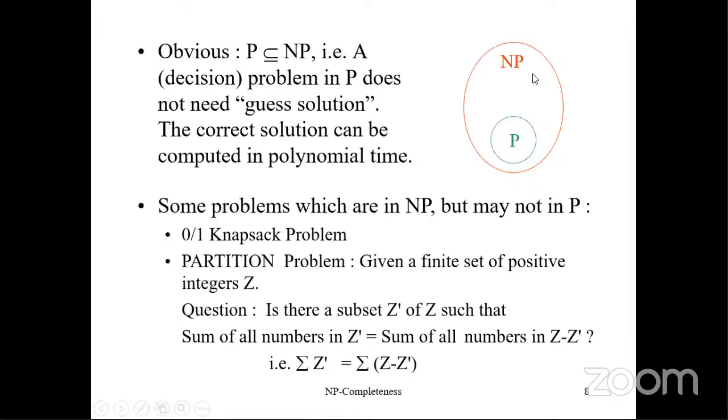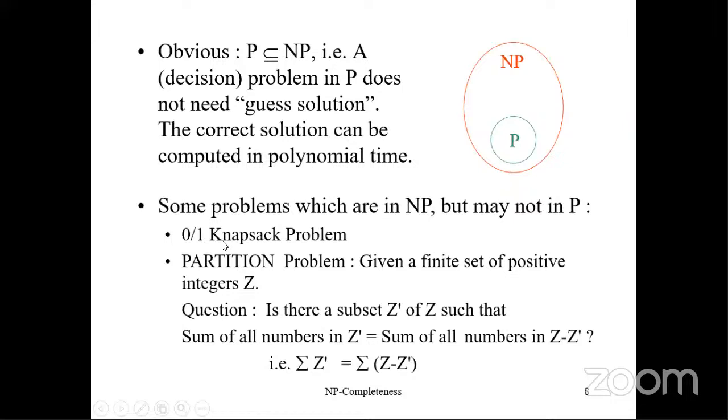So you see the P and you see NP. So in this class, you have P as a subset, because of the problems which are in NP but may not be in P. And that is what we have. If you understand the circle very well, it is clear that some problems will be in NP but will not be in P. For example, the 0/1 knapsack problem.